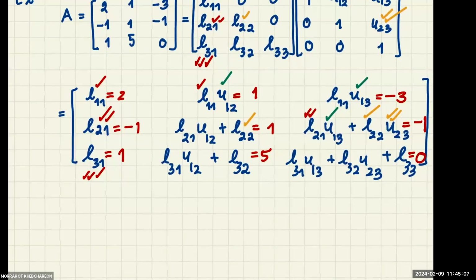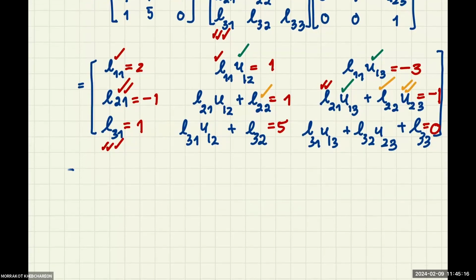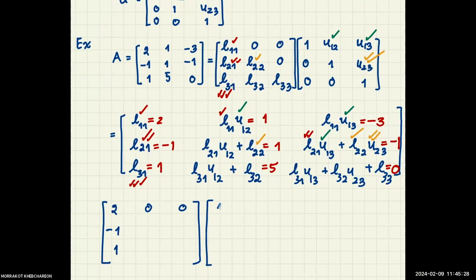All right, so you guys got it. L11 you get 2, minus 1, 1. You get 1 for the diagonal of U. U12 is 1 over 2, U13 is minus 3 over 2, because U11 is 2.